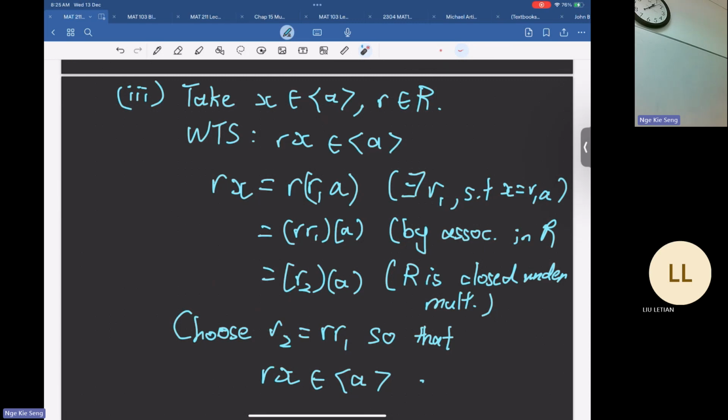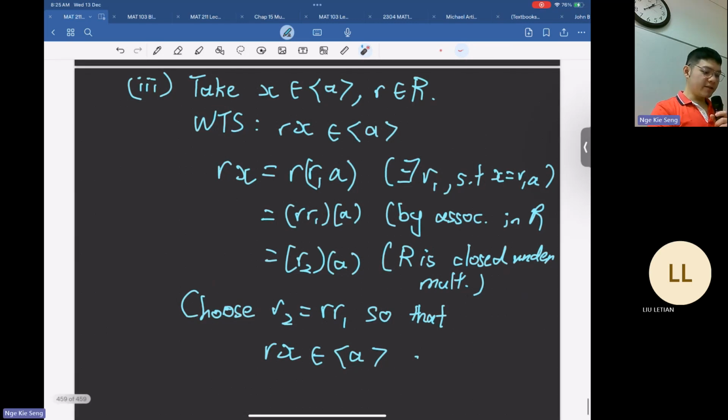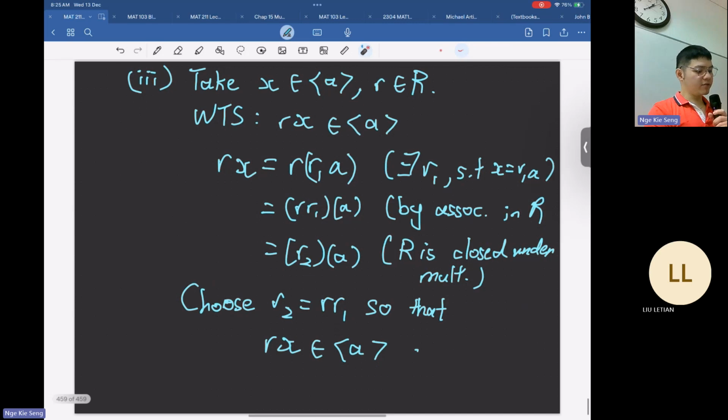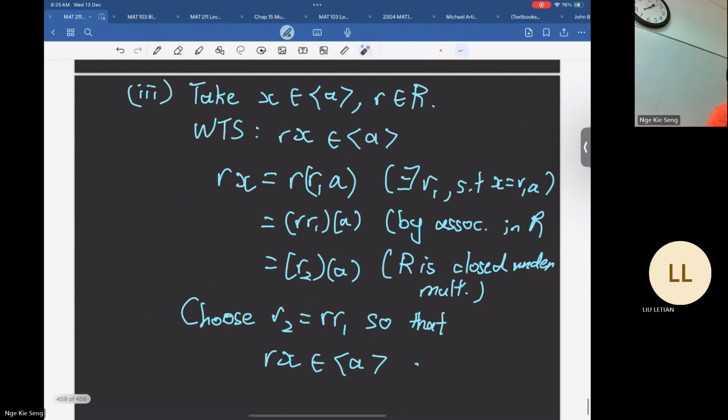So you need to make sure it is some element of the form r times A. This is very basic, because everything you show about ideals uses the same way. You just need to understand the definition of your set. Can we proceed? More questions?